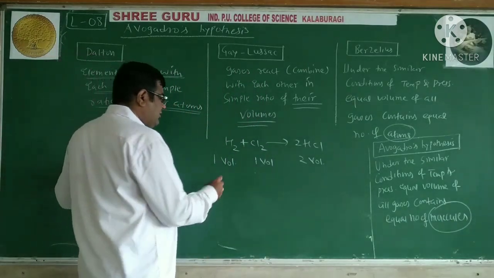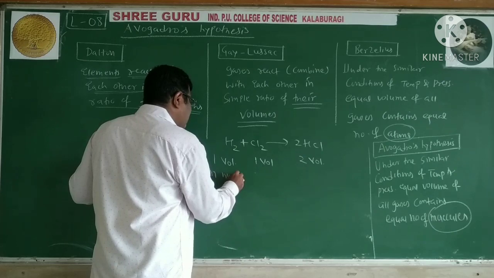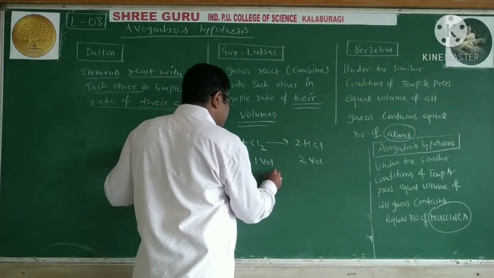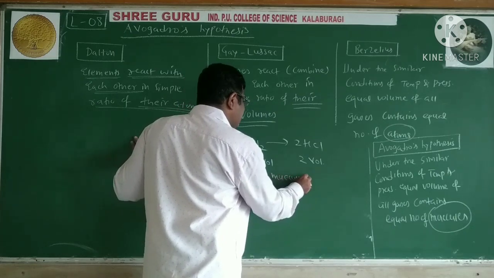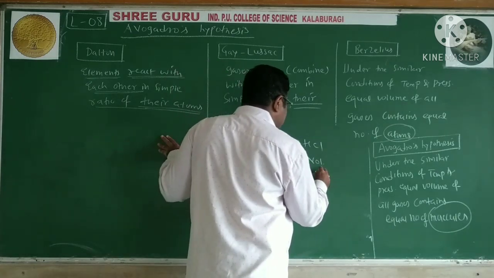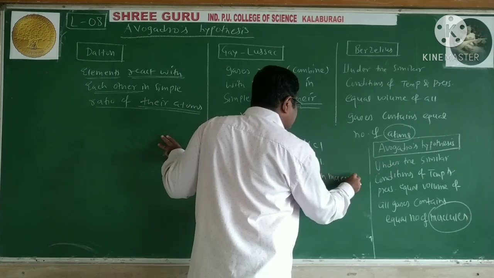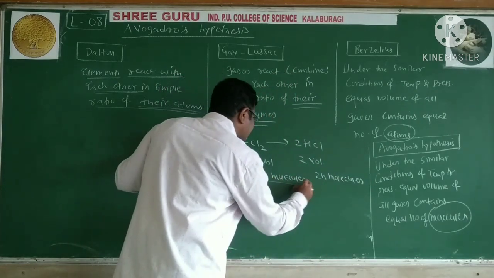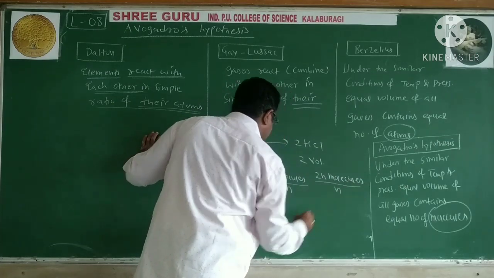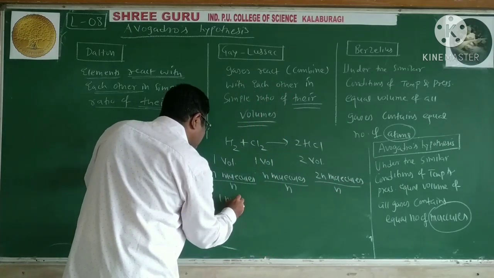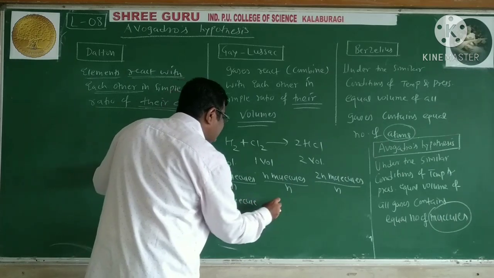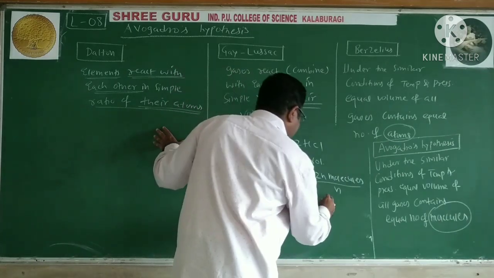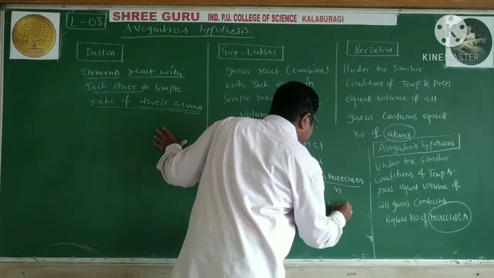So it is nothing but n molecules, because volume is 1, this is also 1, so it is n molecules, and this is 2 volume, so it is 2n molecules. Divided by 1, it is 1 molecule, and this is 2 molecules.